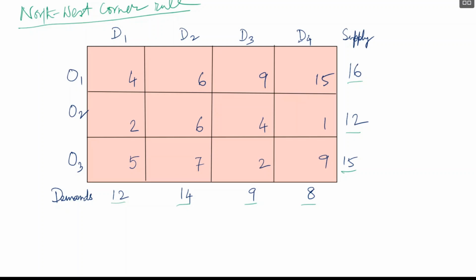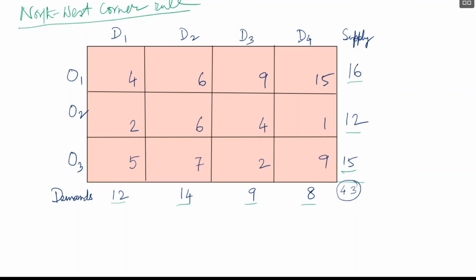Here the total supply is 16 plus 12 plus 15, that is 43 units, and the total demand is 12 plus 14 plus 9 plus 8, that is also 43. So it's a balanced problem.